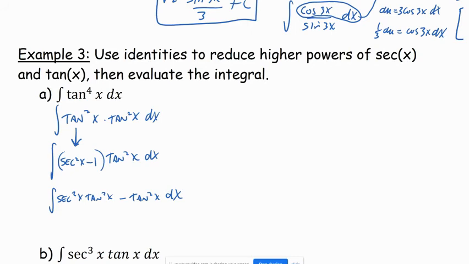And then let's break this into two different integrals actually.